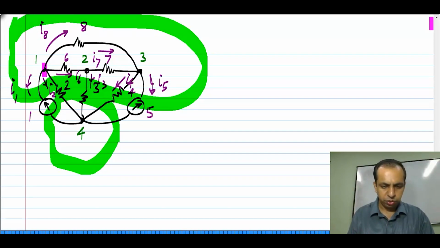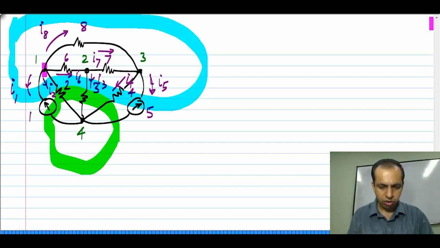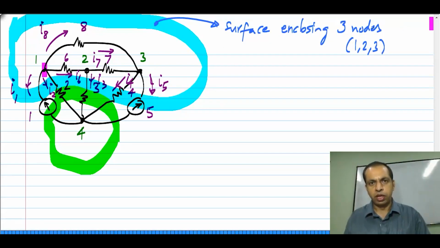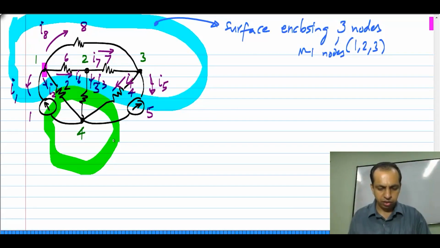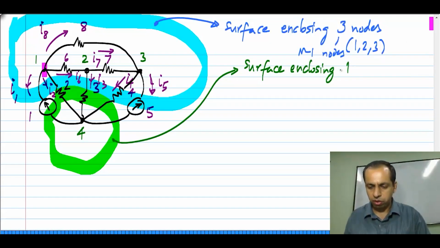So, this one is a surface enclosing 3 nodes, 1, 2 and 3. In general, if you have an n node circuit, you imagine a surface enclosing n minus 1 nodes. And this one here is a surface enclosing the remaining one node.